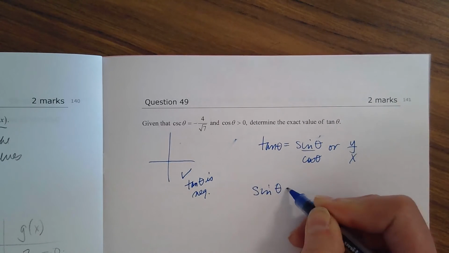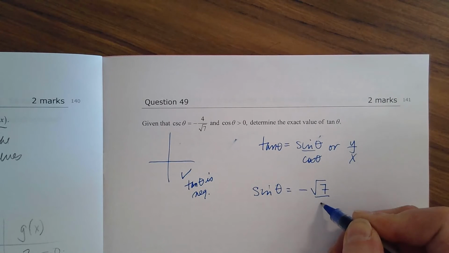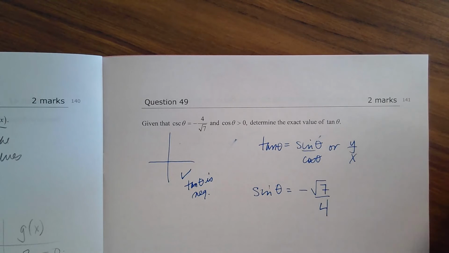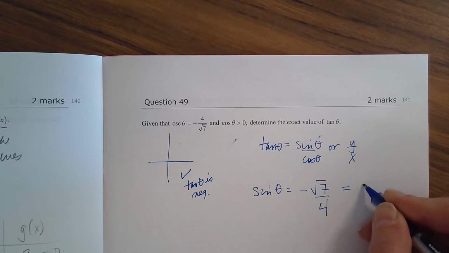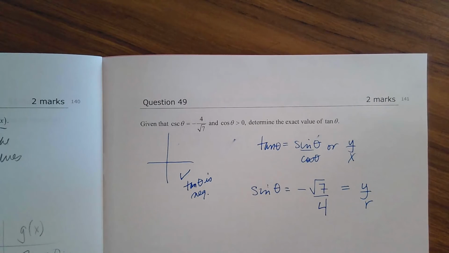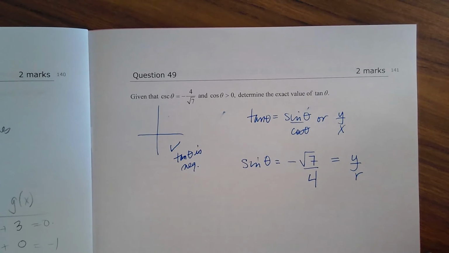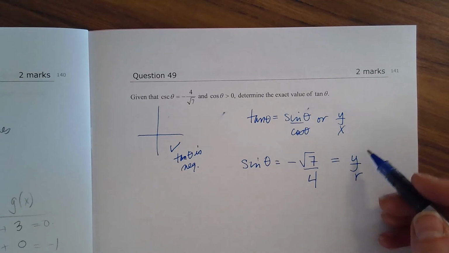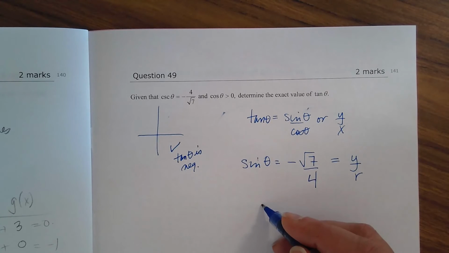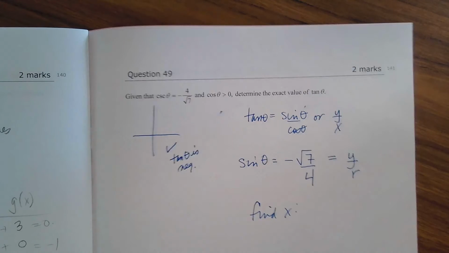If they gave me cosecant, I can easily turn that into sine, right? And sine is y over r. So what do I need to do here? I need y over x. I have y. I need to find x. How am I going to find x?